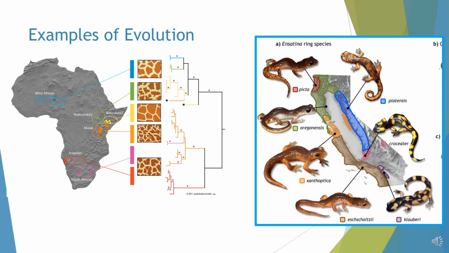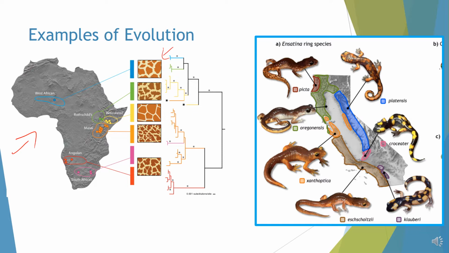All right, so here are some examples of evolution. There are some really good videos, like I said, on Blackboard, but here you can see, this is Africa, and depending on where the giraffes are located, these are giraffe coloration patterns.